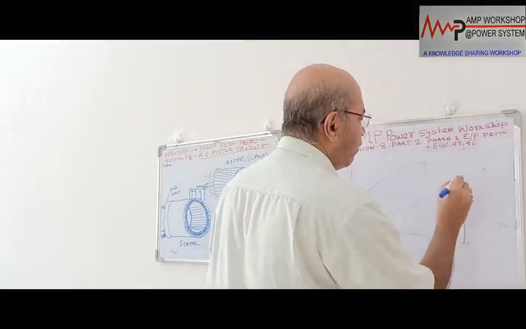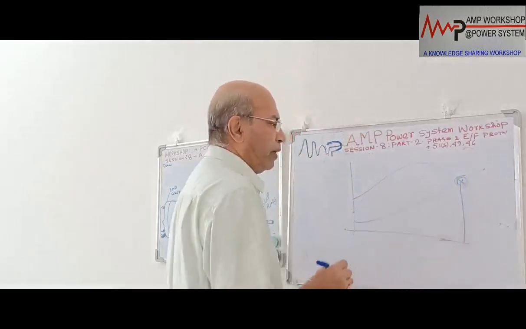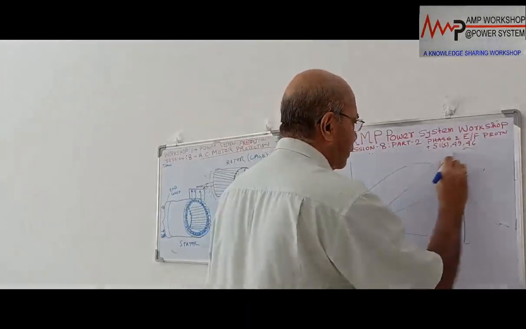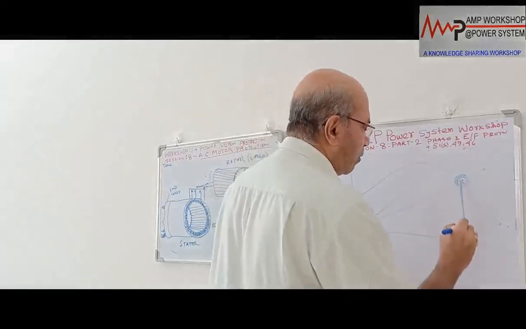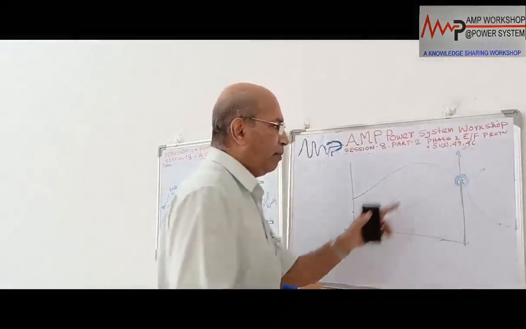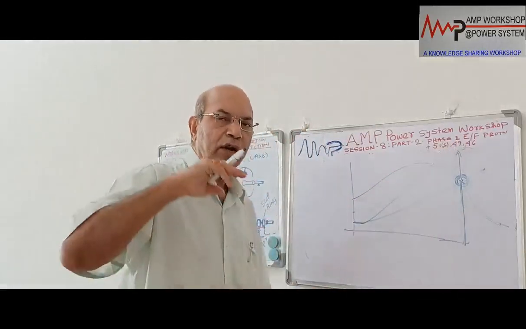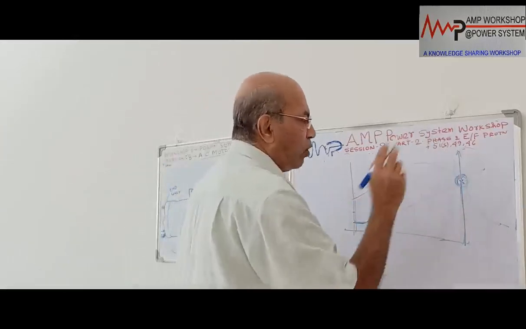Only if the load torque and the motor torque are identical at the operating point will the motor operate. But if the load torque is like this, at this operating point the motor can produce only this amount of torque, but the load requires this amount of torque. It is a high inertia load. If this type of load is connected, the motor will not be able to start. Initially it will start, but it will not run.